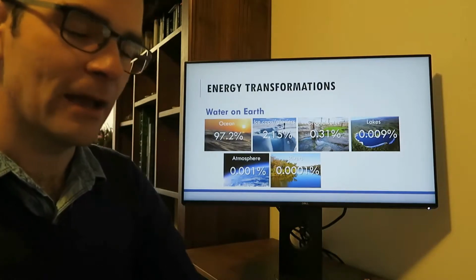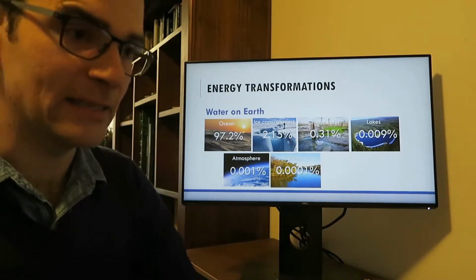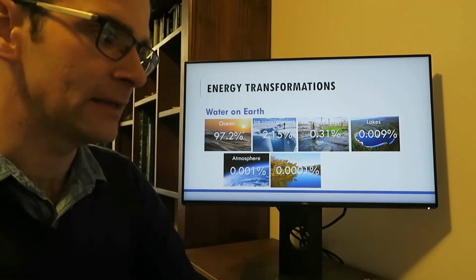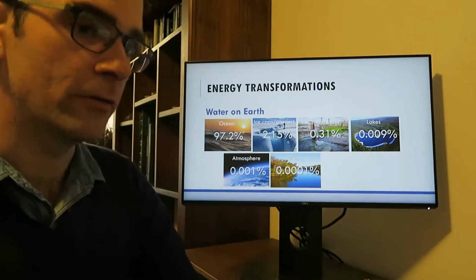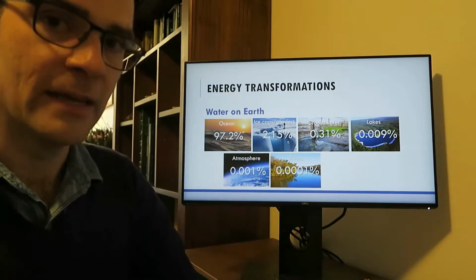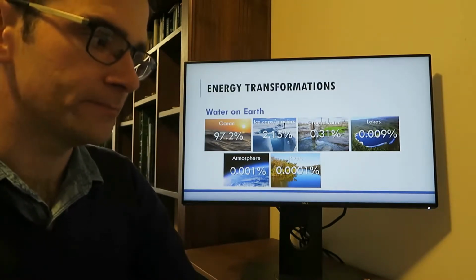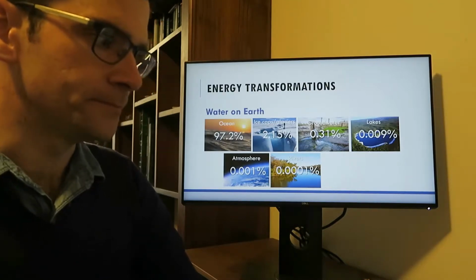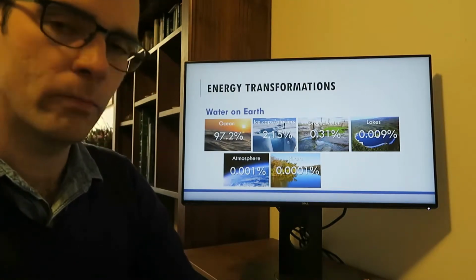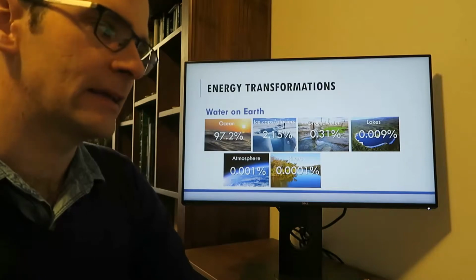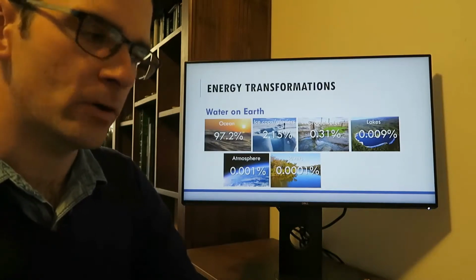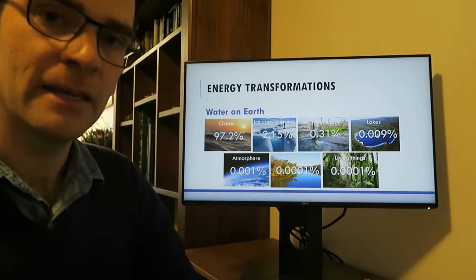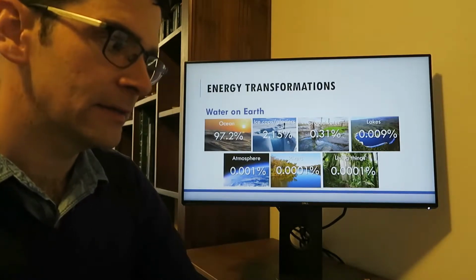Similarly, we have rivers, which is I guess the smallest amount, coming in at 0.0001% of all the water found in freshwater rivers. Now if you were to do your maths and add all that, you're still not quite getting to 100%, and that's because some of the water is in living things like us.